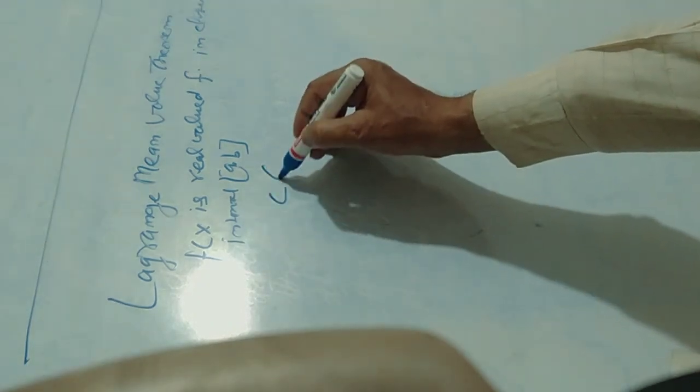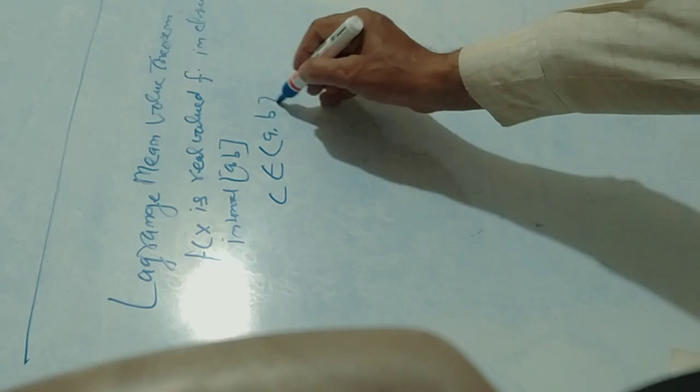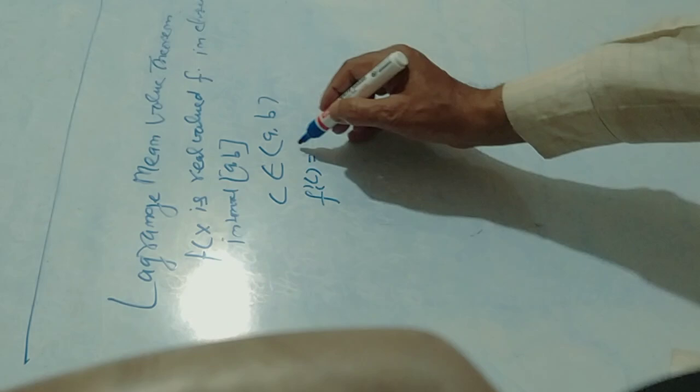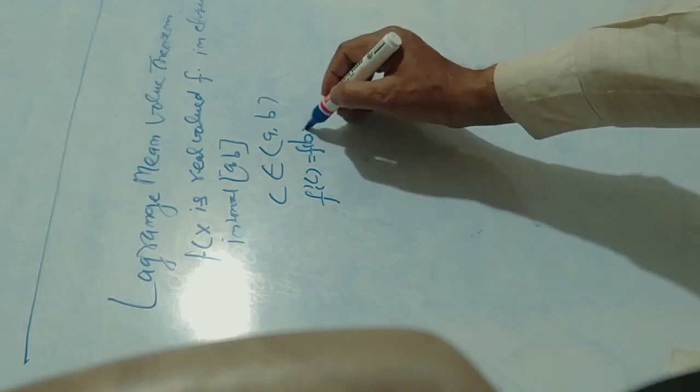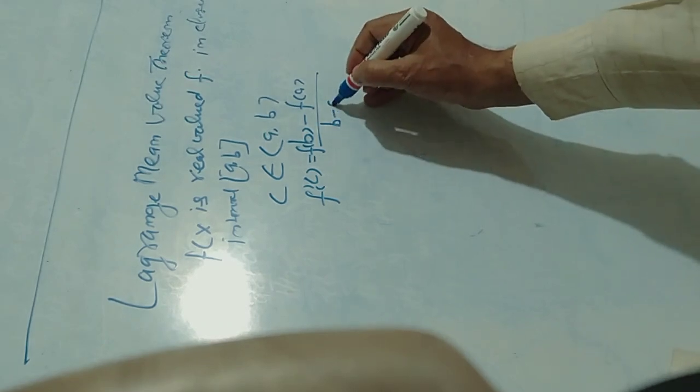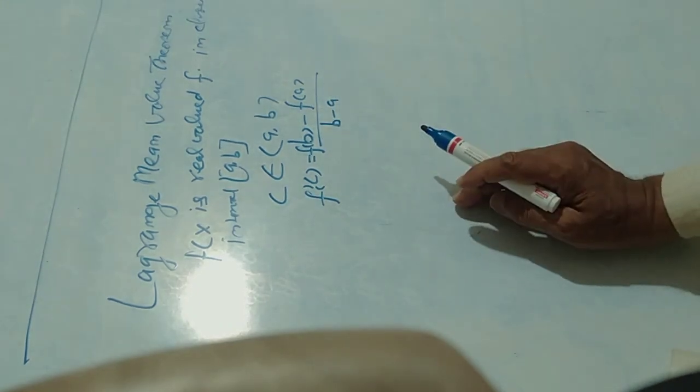In that case it is differentiable in (a, b). There exists c belonging to the open interval (a, b), and f'(c) is equal to (f(b) minus f(a)) upon (b minus a), right. It is illustrated. So c belongs between a and b, f'(c) is equal to (f(b) minus f(a)) upon (b minus a).